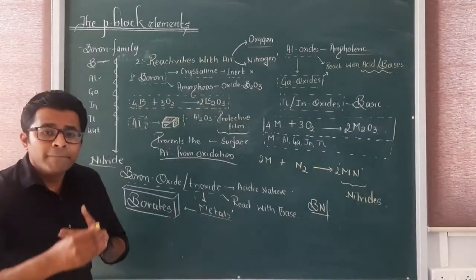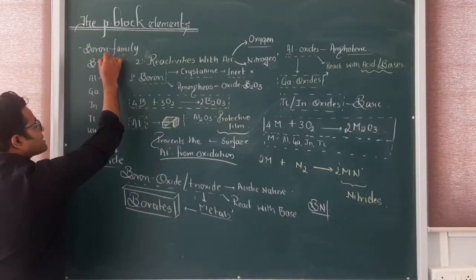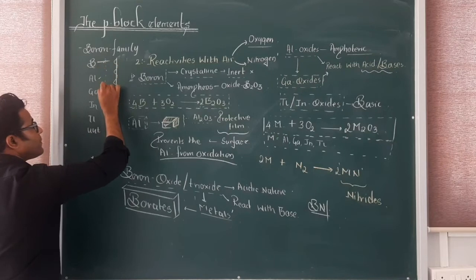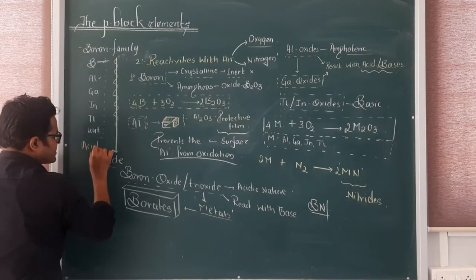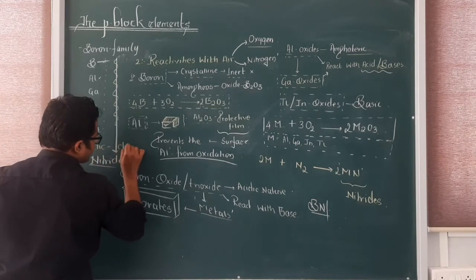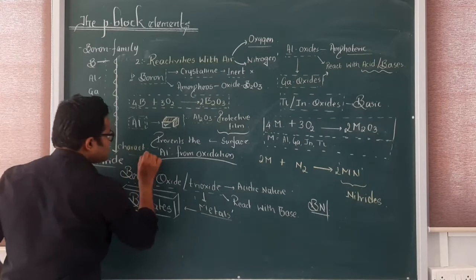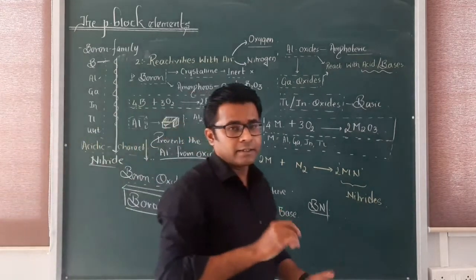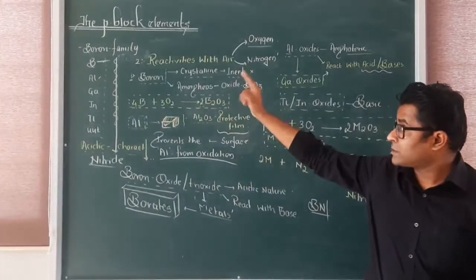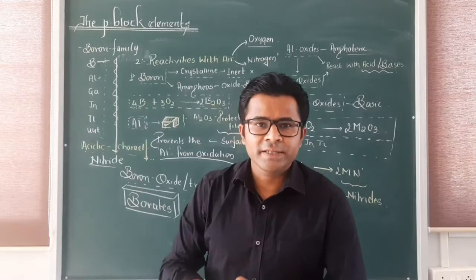In short, basic character goes on building up. So therefore, as we travel from the top to the bottom, the acidic character goes on decreasing in case of the boron family nitrides. Okay, we'll observe the next property.